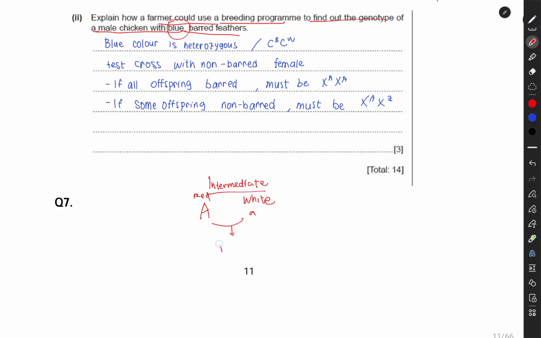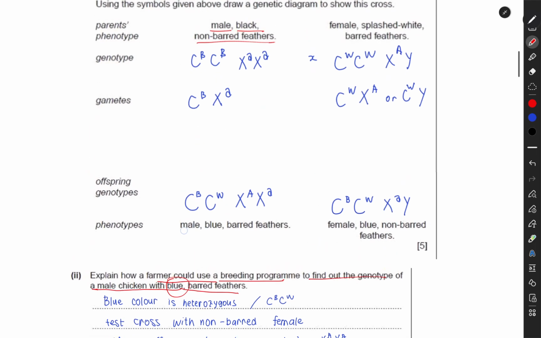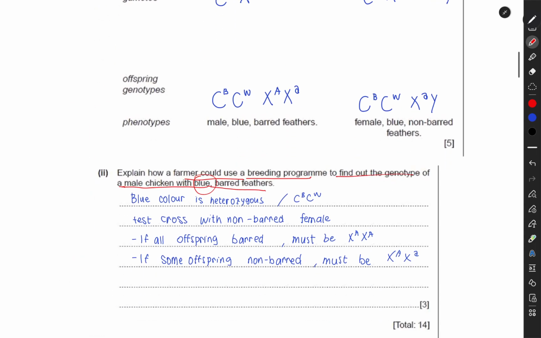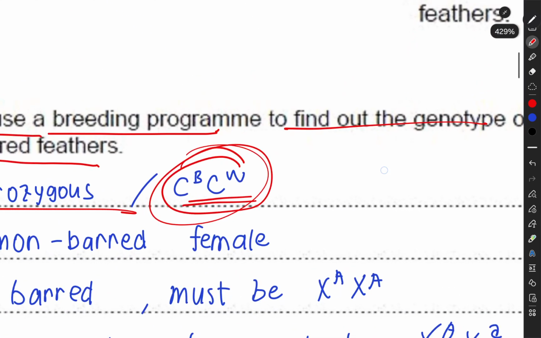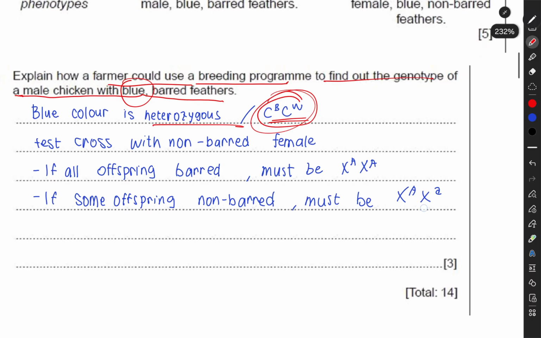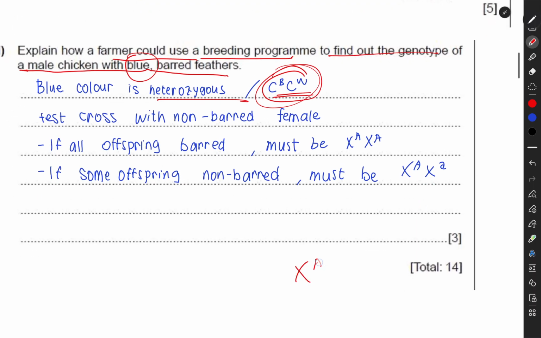This will produce pink. It's the same as this case, where black and white create blue. So we know that it's a heterozygote for color, so we don't need to find the genotype of the C, but we need to know if it's homozygote or heterozygote for the barred gene.